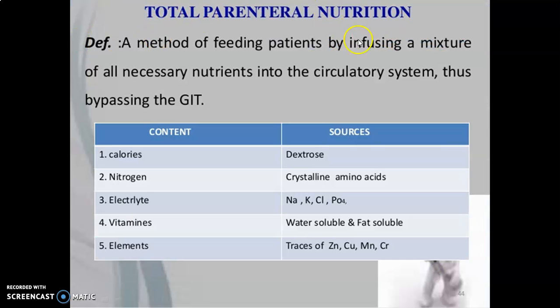Then total parenteral nutrition. Definition: a method of feeding patients by infusing a mixture of all the necessary nutrients into the circulatory system, thus bypassing the gut, the gastrointestinal tract.